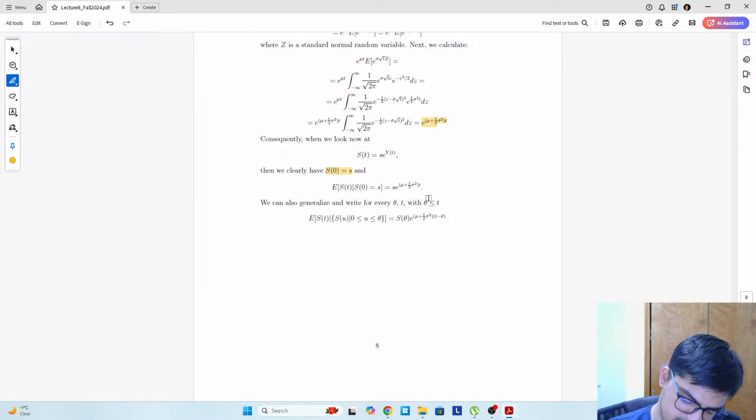So given S_t and S_u, u less than or equal to theta, we have the price of the stock as S_theta times e raised to (mu plus half sigma squared)(t minus theta).